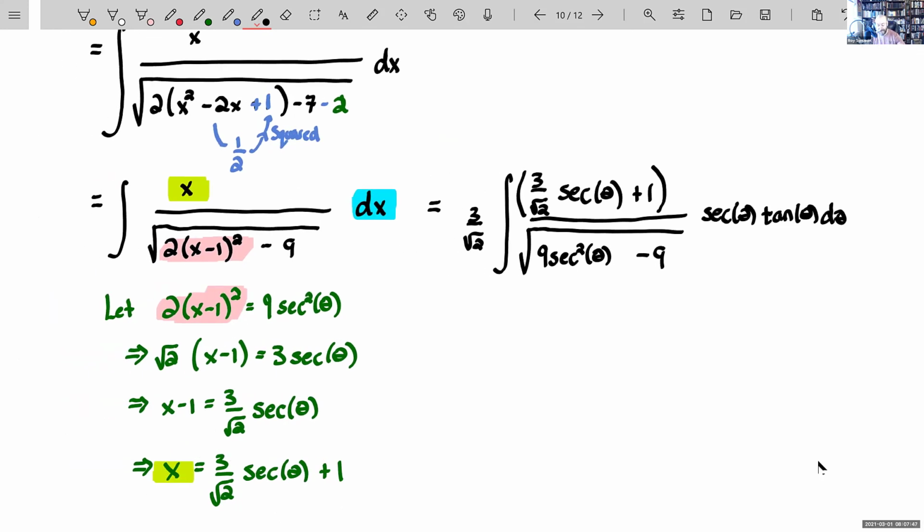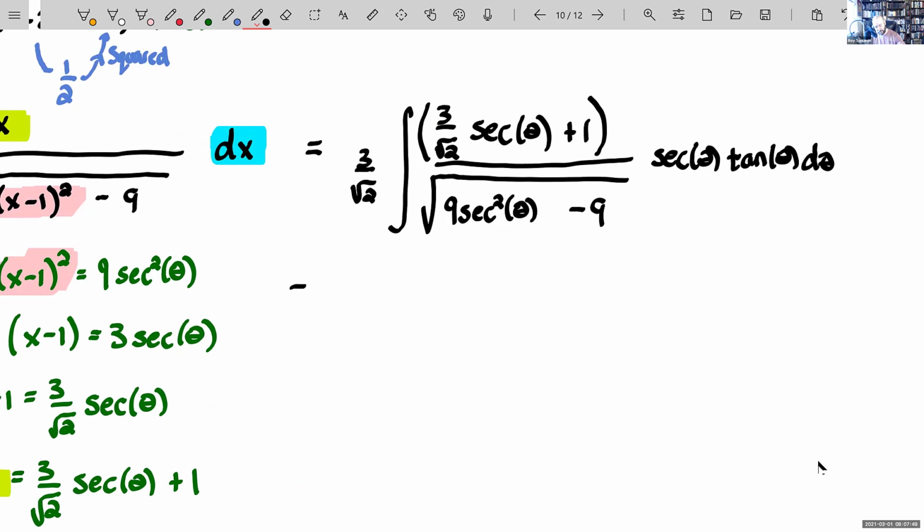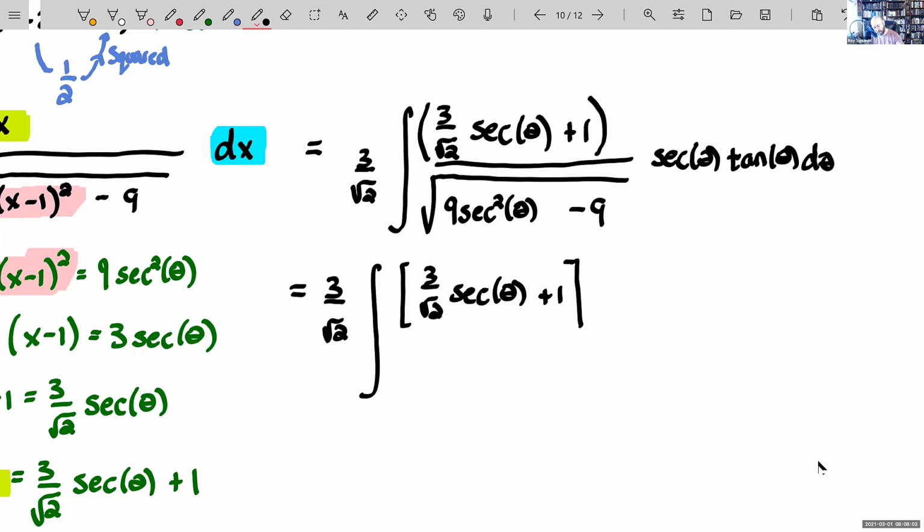Now we just have a lot of cleanup. So this is 3 over the square root of 2, integral of the quantity, I'll leave it like that, 3 over root 2 secant of theta plus 1. We have a secant of theta, tangent of theta, d theta.